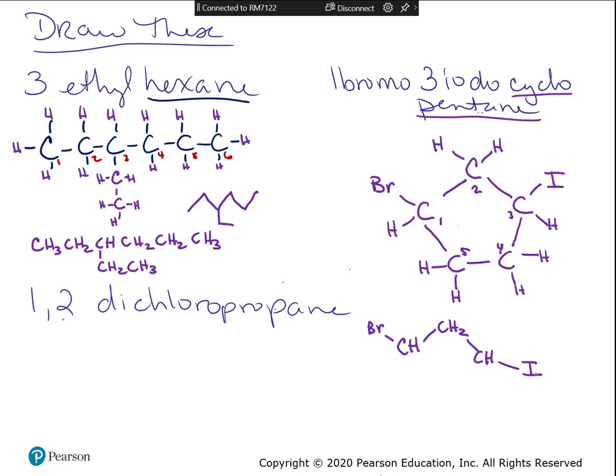And then CH2, carbon number 4, and carbon number 5, also a CH2, and then linked back to carbon number 1. Can you see the same? When you do the condensed structural formula, you just list after the carbon how many individual hydrogens are directly connected to it.